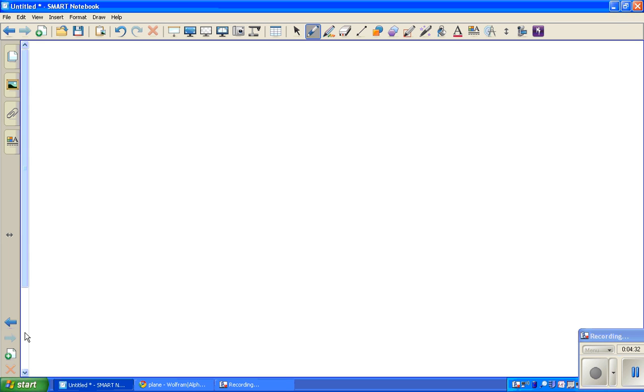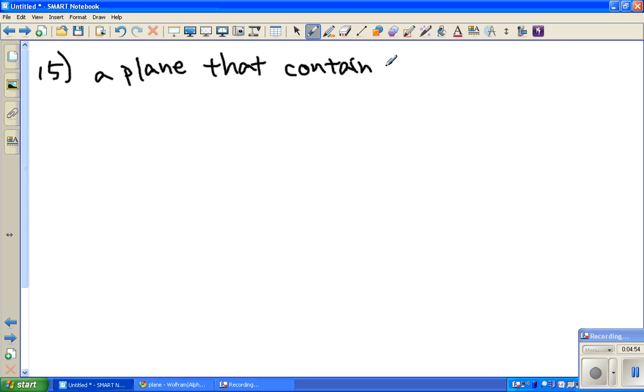Find an equation of the osculating plane. In this case, the fact that it's an osculating plane means it's a plane that contains the tangent vector and normal vector.